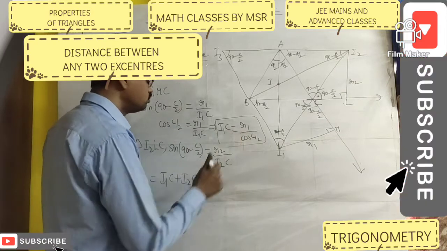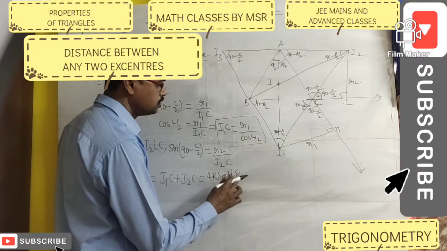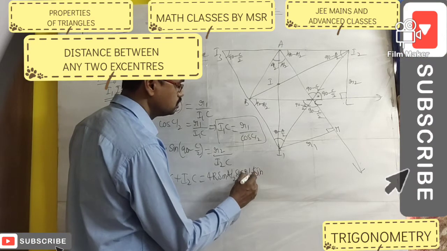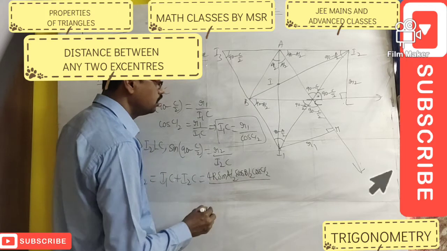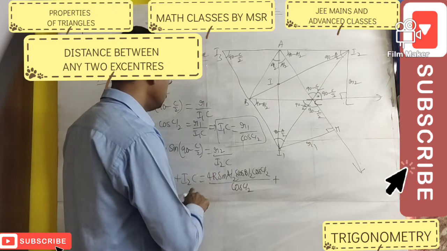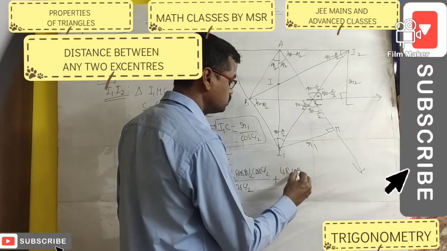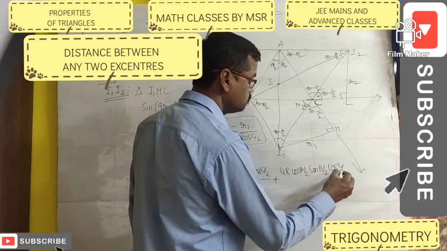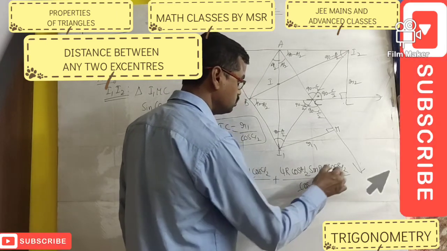I1C is R1 by cos C by 2, and R1 formula is 4R sin A by 2 cos B by 2 cos C by 2, divided by cos C by 2, plus this length, I2C, which is R2 by cos C by 2. R2 formula is 4R cos A by 2 sin B by 2 cos C by 2, divided by cos C by 2. The cos C by 2 terms cancel.